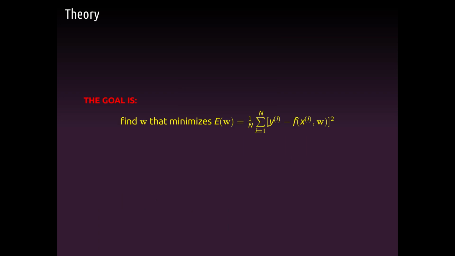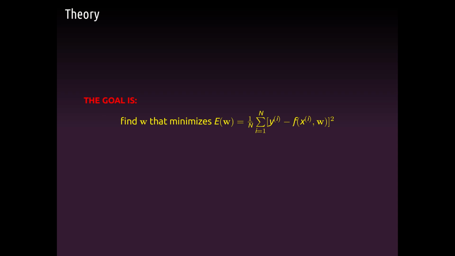So our goal is to find the vector of coefficients w that minimizes our cost function or our error function. And as I have mentioned in the previous videos, we follow 3 steps in order to minimize the error function. The first step is to compute the derivative of the cost function with respect to each coefficient in the w vector of coefficients.